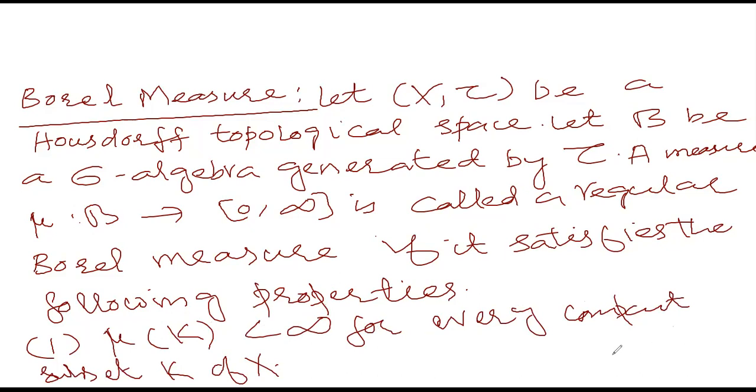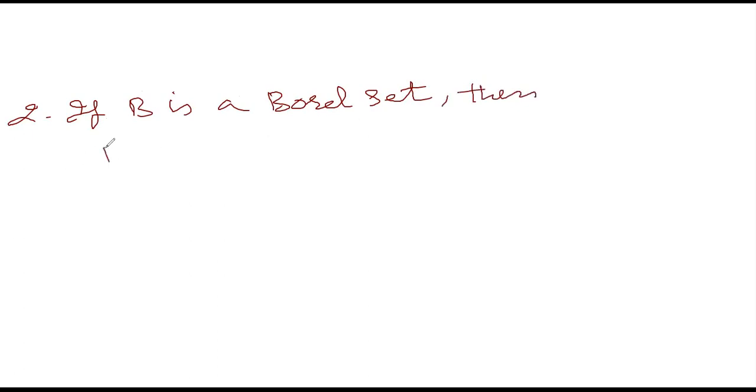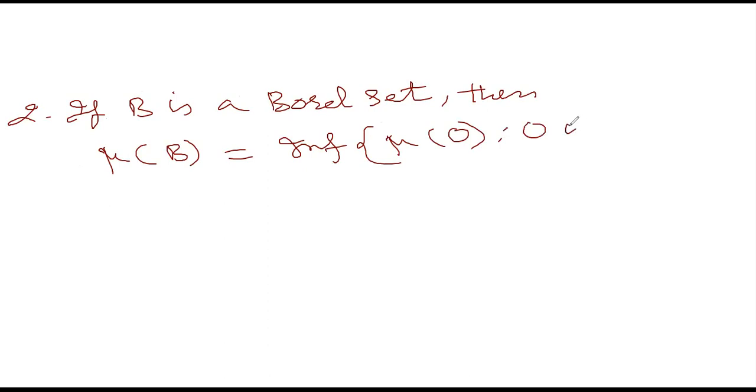And the second property: if B is a Borel set, then its measure is given by mu of B equal to the infimum of mu of O, where O is open and B is a subset of O. So the measure of Borel sets is given by this formula.